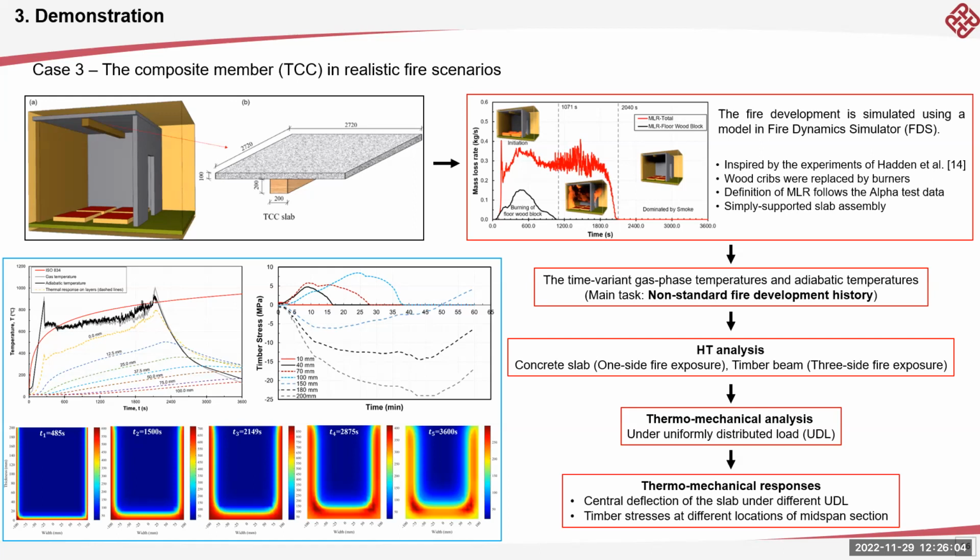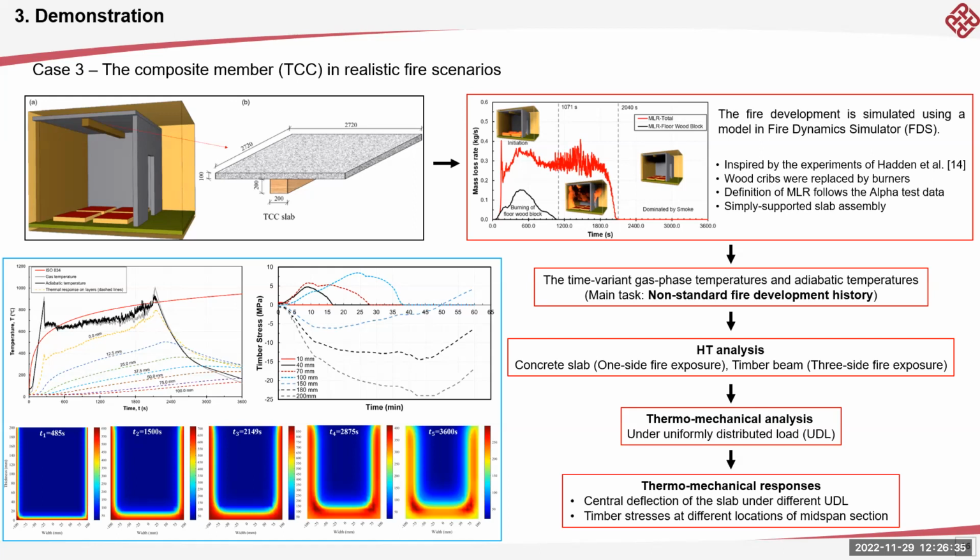And the main task of this demonstration case is to generate a non-standard fire development history. When we get the time-variant gas temperature and the adiabatic temperatures, we can do the heat transfer analysis for the concrete slab exposed to one-side fire exposure, and the timber beam exposed to three-side fire exposure.